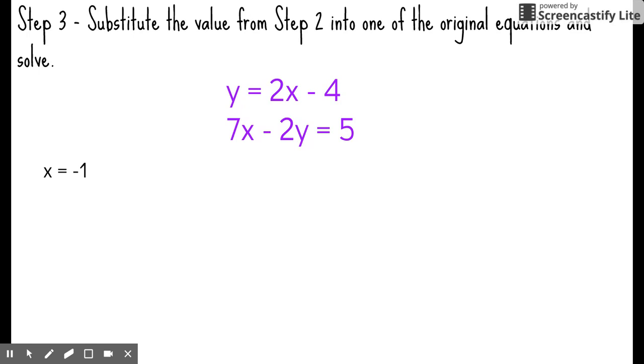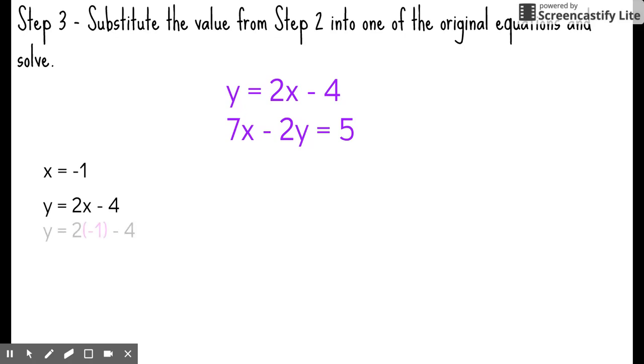So now we found x. And lastly, we need to find y. So we're going to take x and substitute it into one of the original equations, and that will give us y.